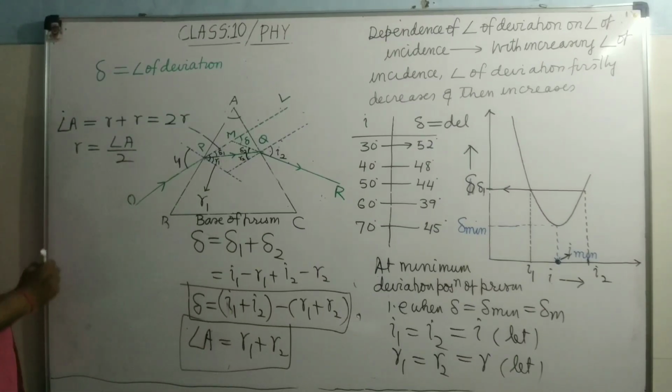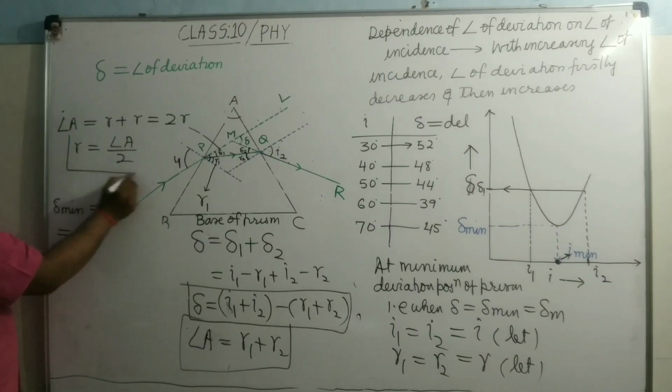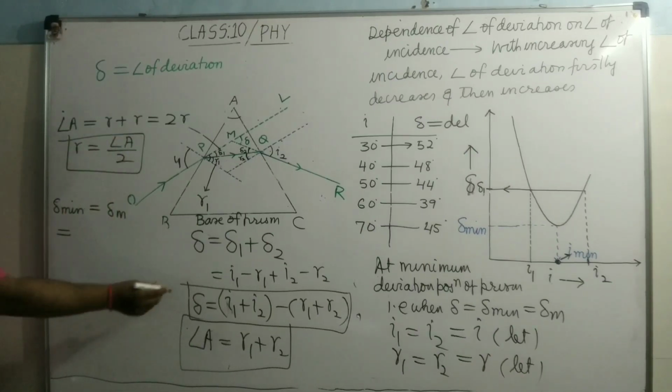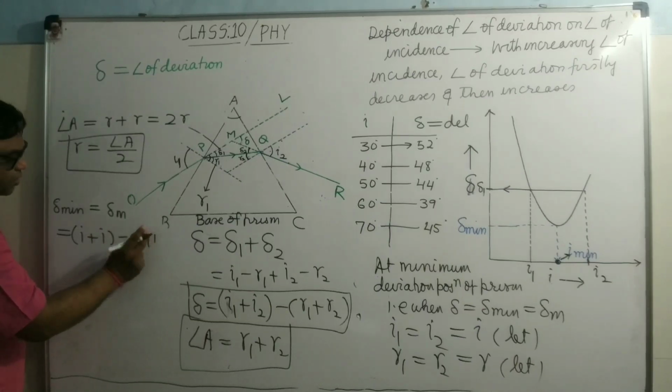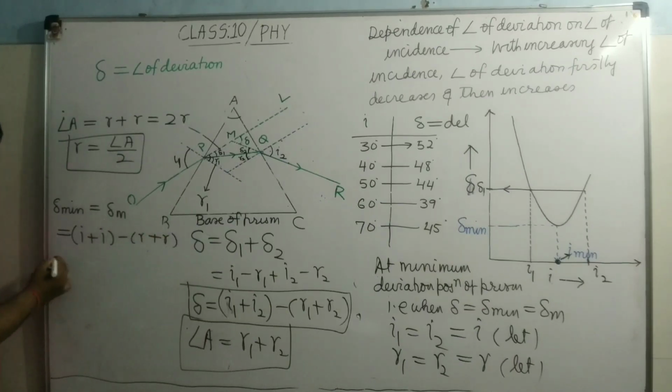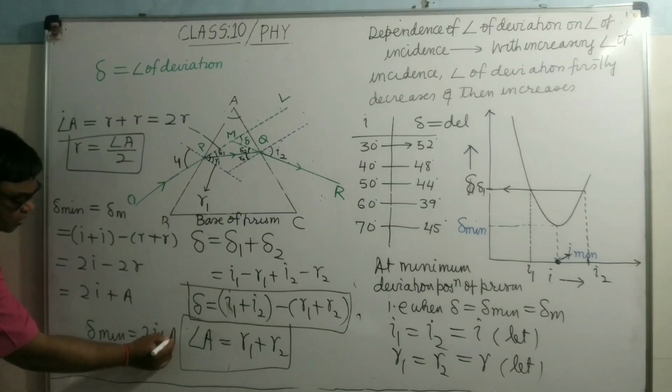Then from here, delta minimum, that is delta M, equals i plus i minus r plus r. It's clear? So it is 2i minus 2r. 2r you can write as A. So 2i minus A. It means delta minimum equals 2i minus A.